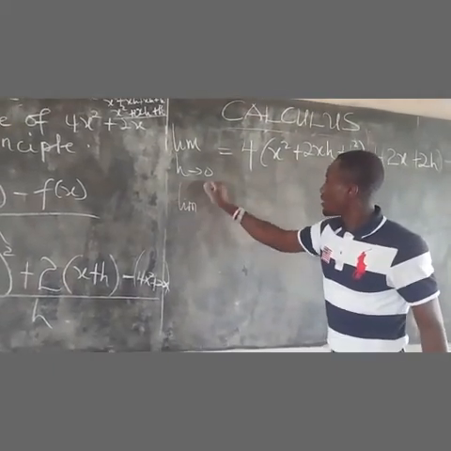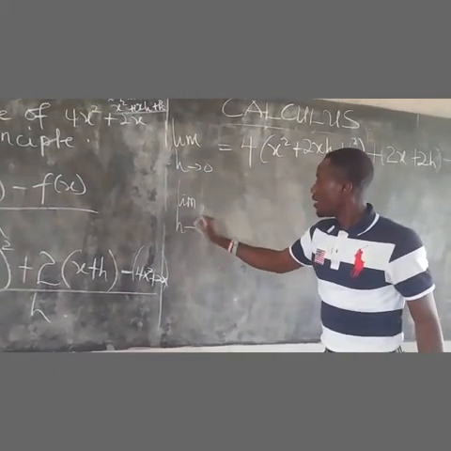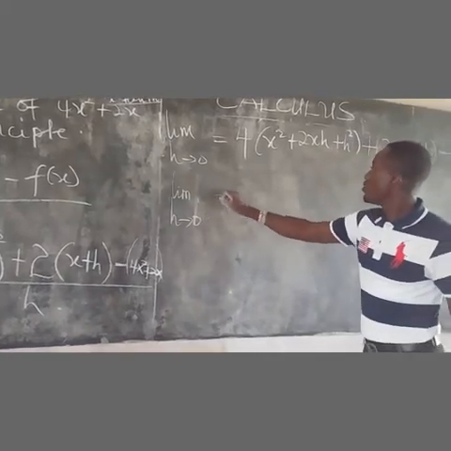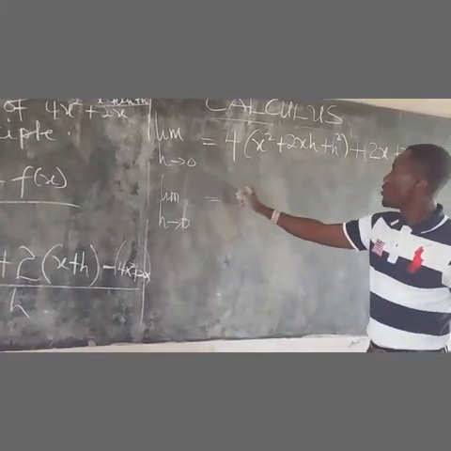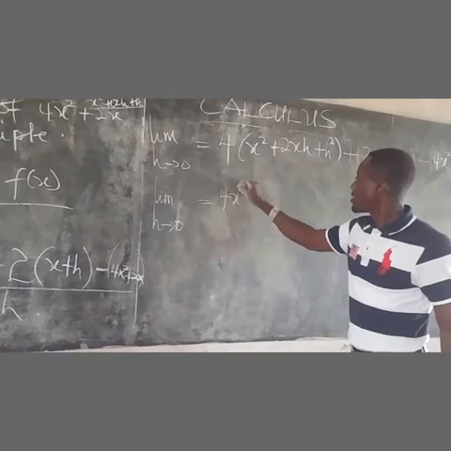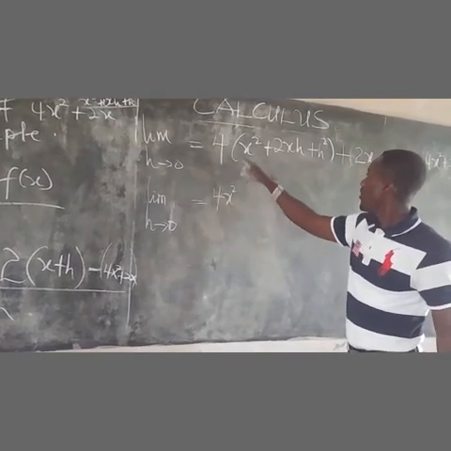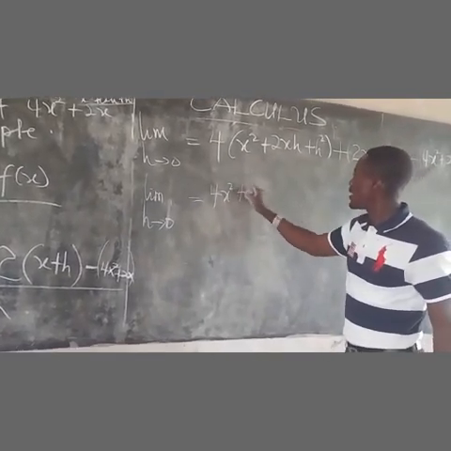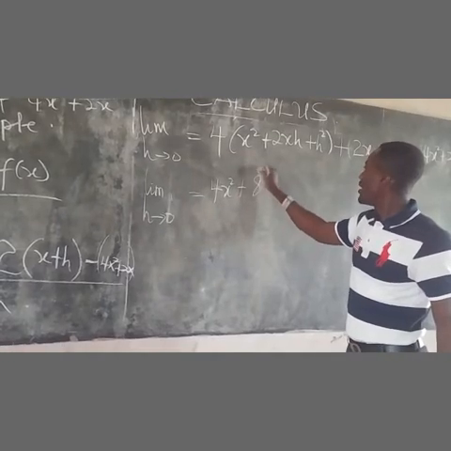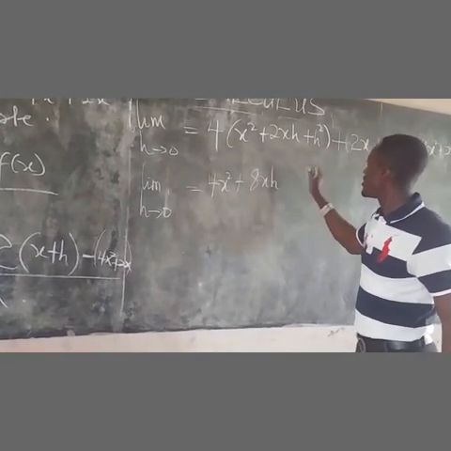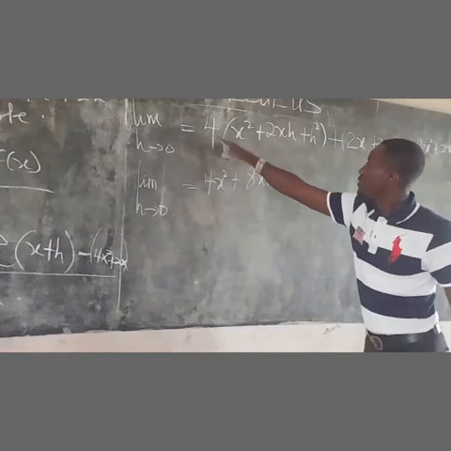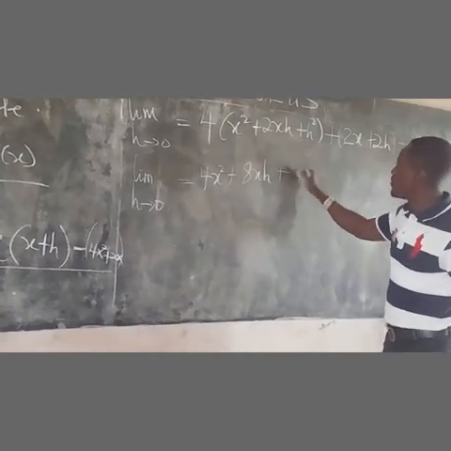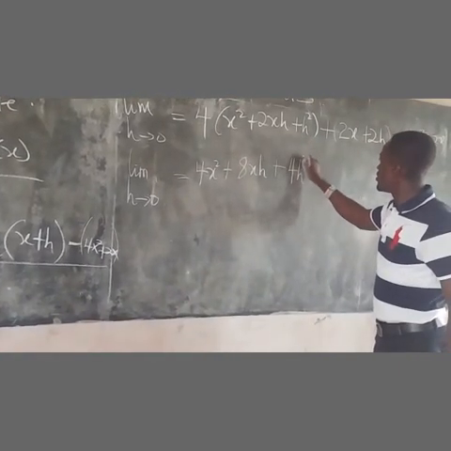The limit as h approaches 0 will be equal to 4 times x squared will give you 4x squared. 4 times 2xh will give you plus 8xh plus 4 times h squared will give you 4h squared.